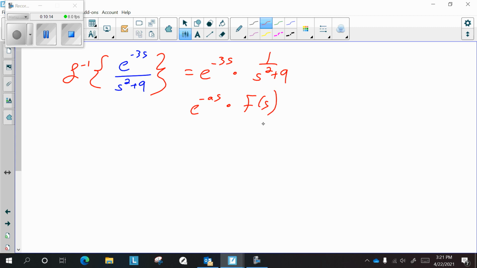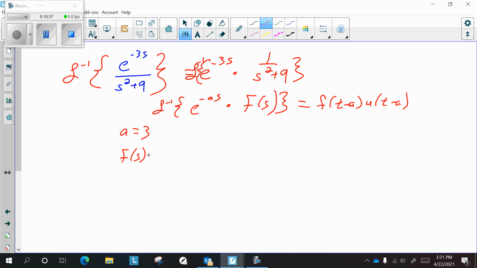And don't forget our inverse Laplace. So remember, when we take the inverse Laplace of that, it's f of t minus a times u of t minus a. So in our case, a is 3. F of s is 1 over s squared plus 9.